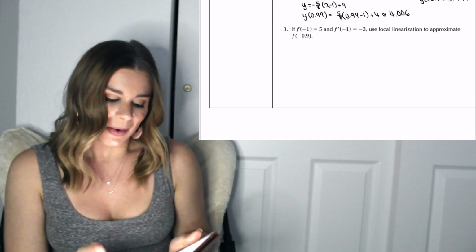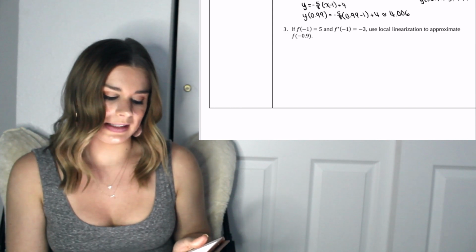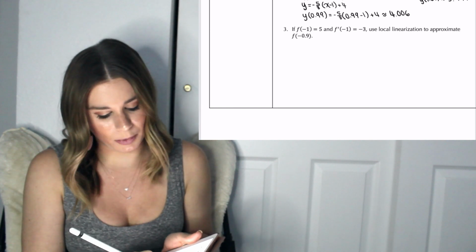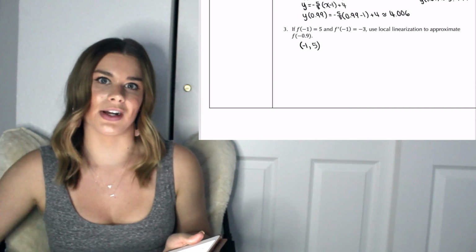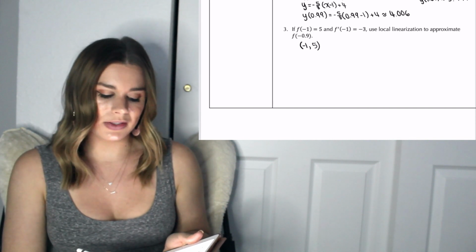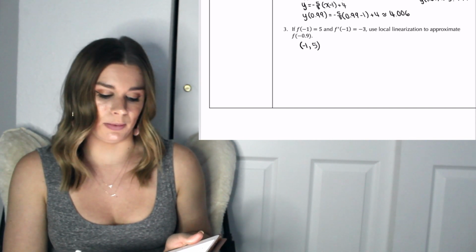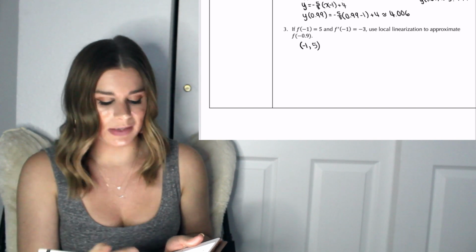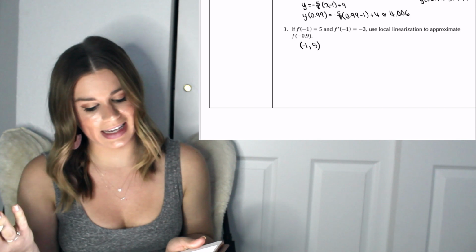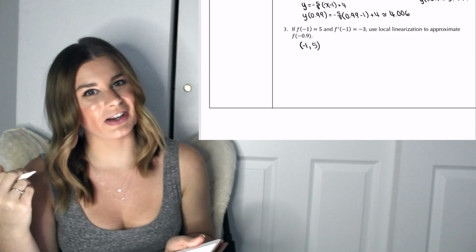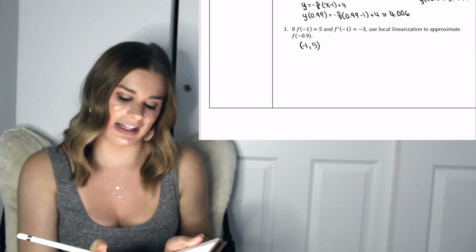Okay, so we are given f of negative 1 is equal to 5. Well, that's the point (negative 1, 5) that we're going to use for our equation of our tangent line. We're also given that f prime of negative 1 is equal to negative 3. So what that means is my derivative at negative 1 is negative 3. Another name for that is the slope of my tangent line.